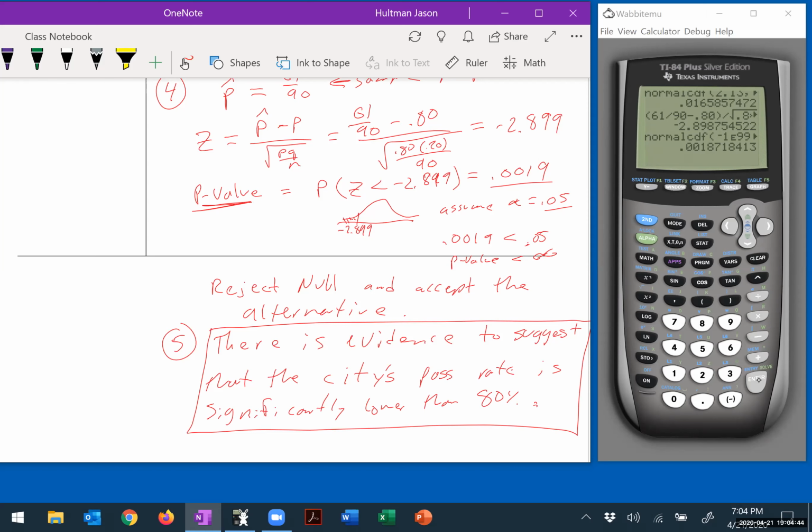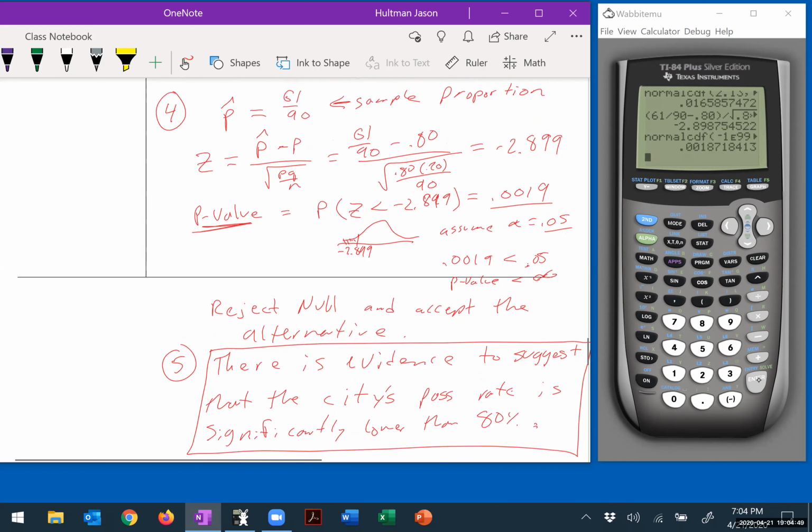Now all of number 4 here could have been done on the calculator or on StatCrunch, so I want to go over how we would do number 4 on the calculator and StatCrunch, because they will produce all these numbers for us. Again, this p-value is really what I want. That's the end game here. If it's bigger, I do not reject.